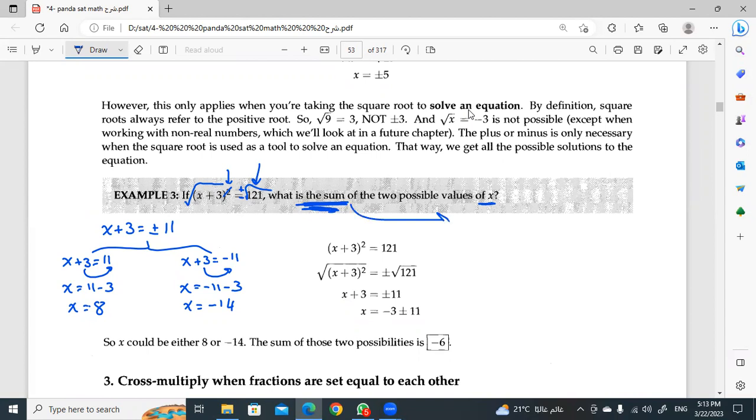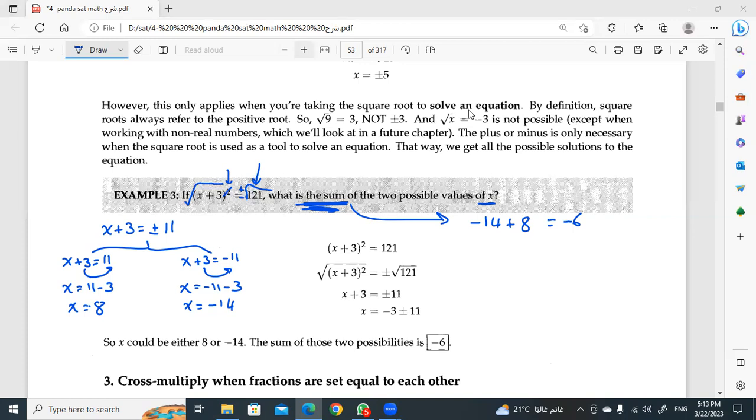So the sum will be negative 14 plus 8, which is equal to negative 6. Perfect. Thank you. Any questions?